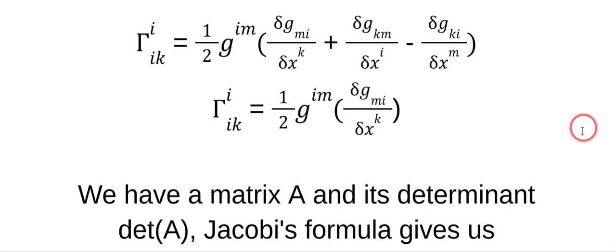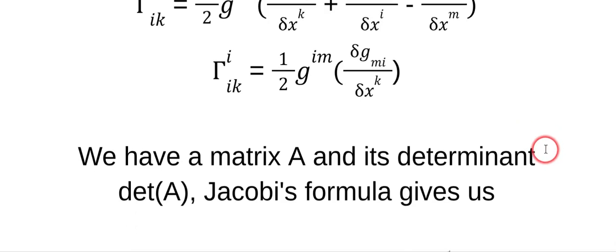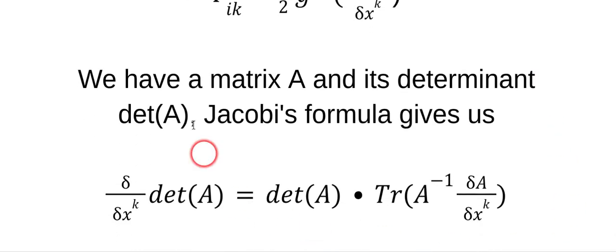If we have a matrix A and its determinant of A, Jacobi's formula gives us this: the partial derivative of that determinant with respect to a coordinate is equal to the determinant times the trace of the product of the inverse of the matrix times the partial of that matrix with respect to the same coordinate. Wow. That is one hell of a formula. I'm quite sure I've never seen it before.